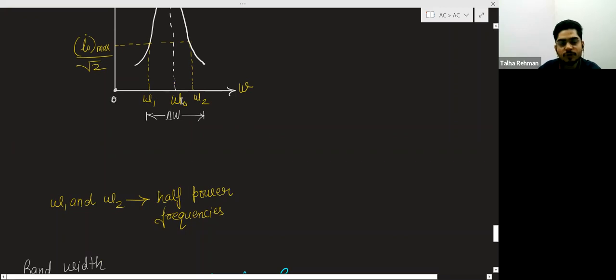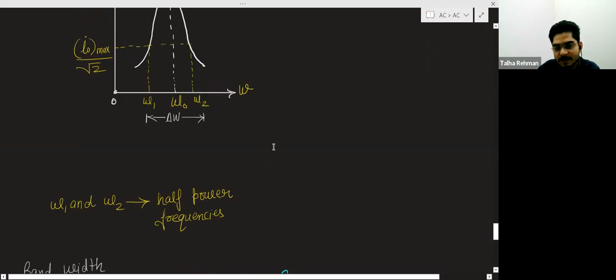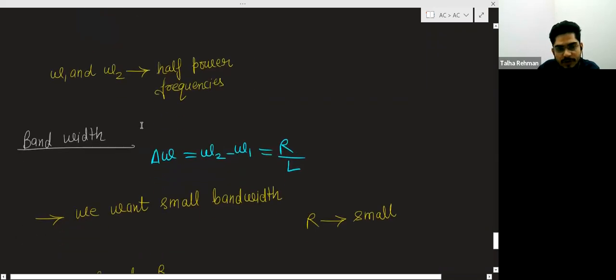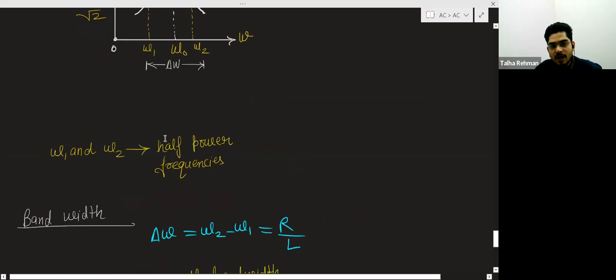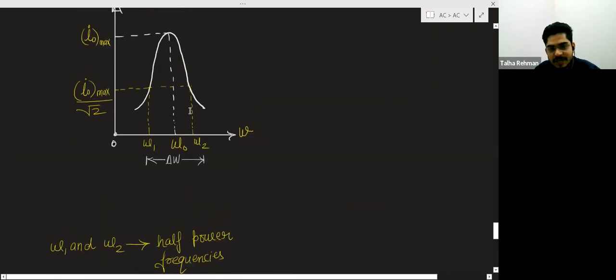Now, if I want to write omega 1 or omega 2, omega 2 is this distance. So this distance can be written as omega naught, and delta omega is R by L. Delta omega is this distance, and half of delta omega is this distance and this distance.